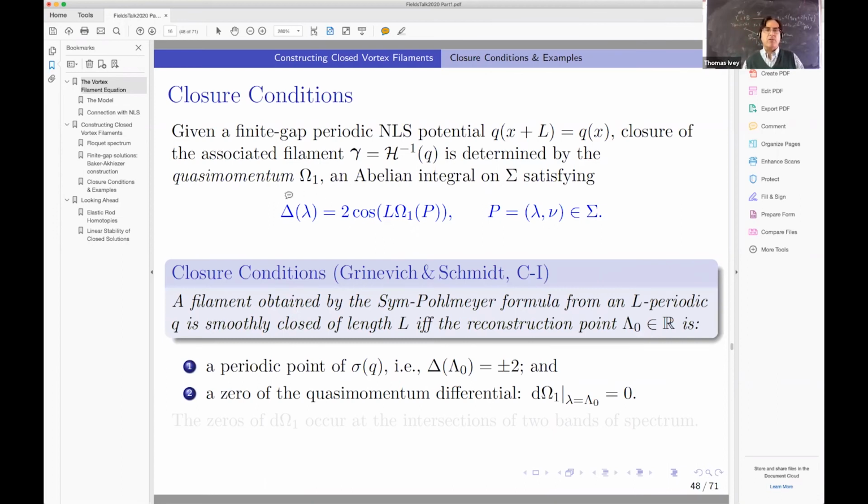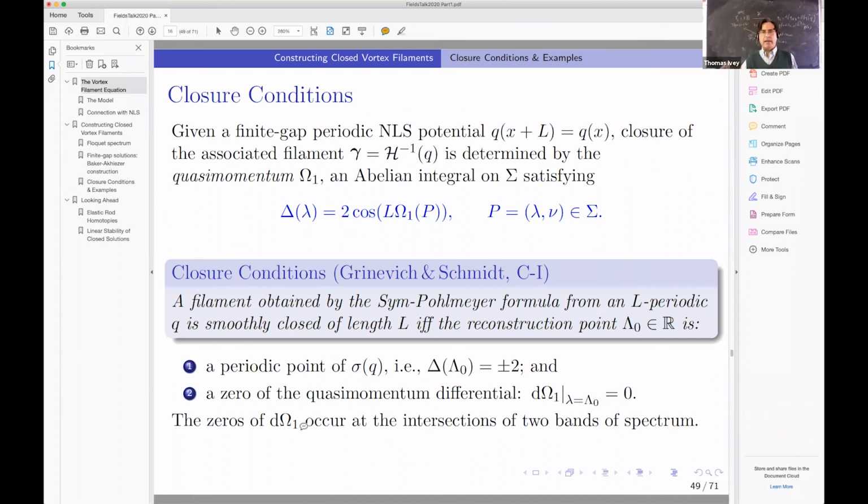And by the way, this Floquet discriminant and quasi-momentum function omega 1 are related by this equation. So when delta is plus or minus 2, that's the same as saying that L times omega 1 is a multiple of pi. And as I said, because of this relation, the zeros of omega 1 primed will occur at corners of the Floquet spectrum.